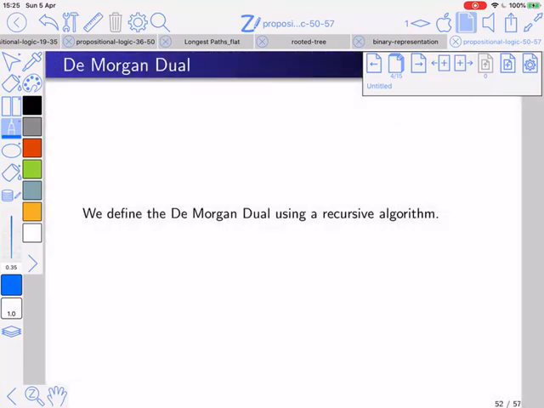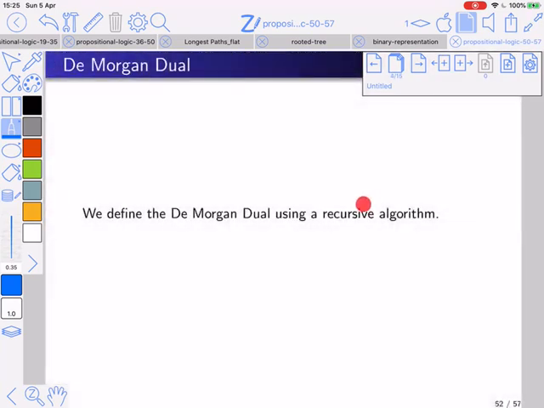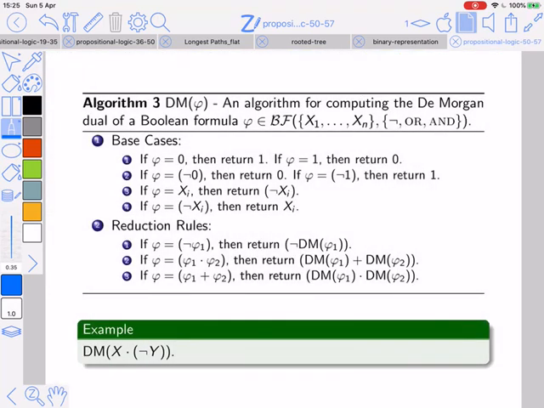Instead of defining the De Morgan dual as I did here, let's define it using a recursive algorithm. This will make our life easier when we want to employ proofs by induction. So here's a definition of the De Morgan dual of a Boolean formula phi over the variables x1 up to xn and the logical connectives not, or, and.